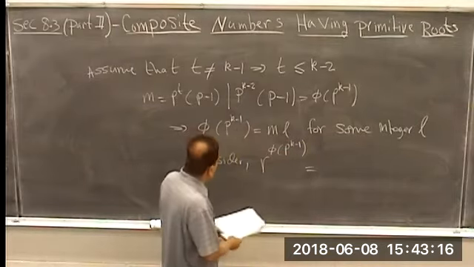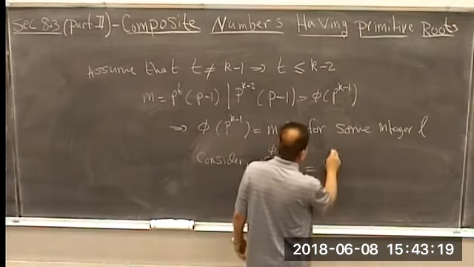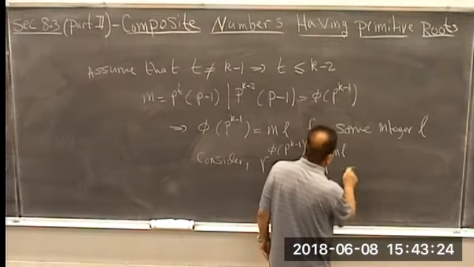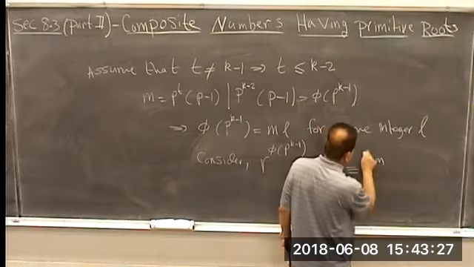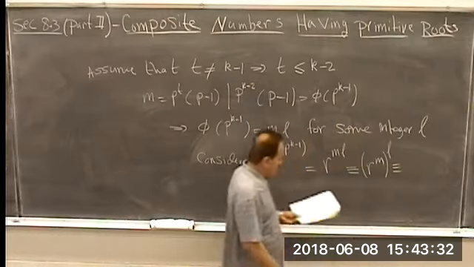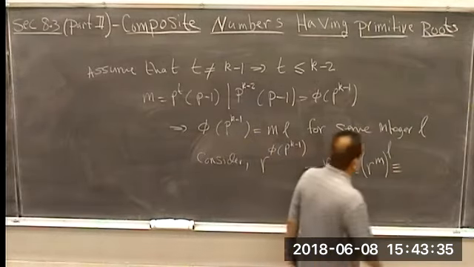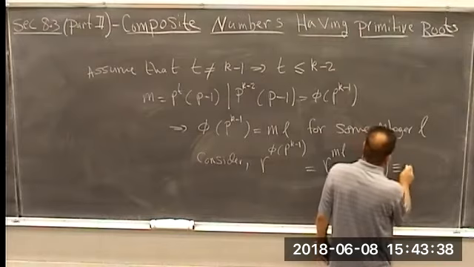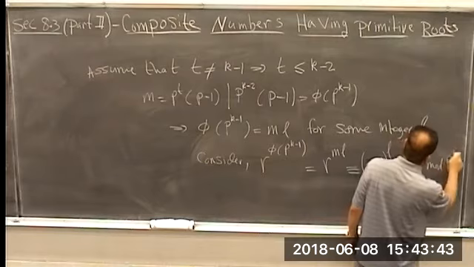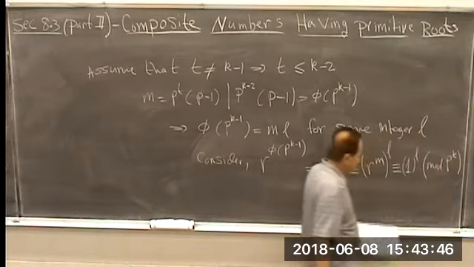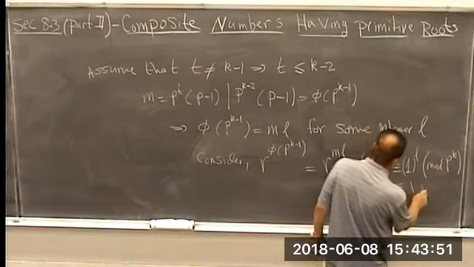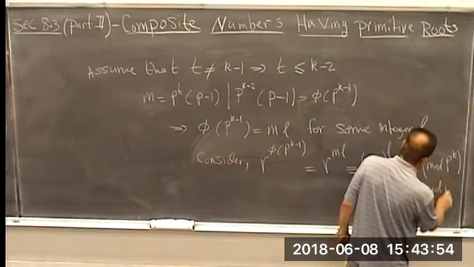So this is equal to r to the power m l, and this one is congruent to r^m to the l, and this is congruent mod p^k. So r^m is congruent to 1 mod p^k, and of course we get that this is congruent to 1 mod p^k.